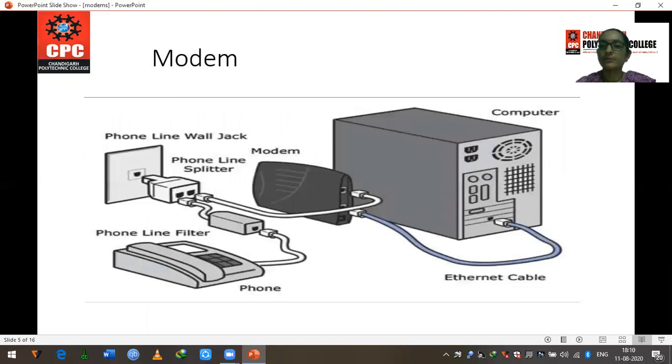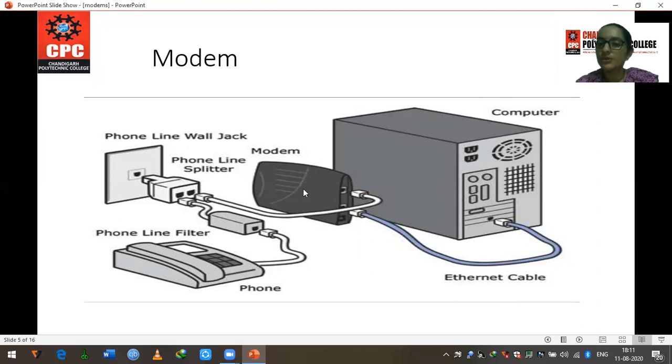Now, what is a modem? You can see a figure or a picture on your computer screens. Here there is a phone line wall jack, and from the wall jack we use a phone line splitter, which splits the line into two parts.